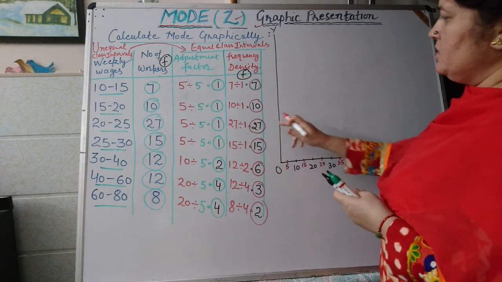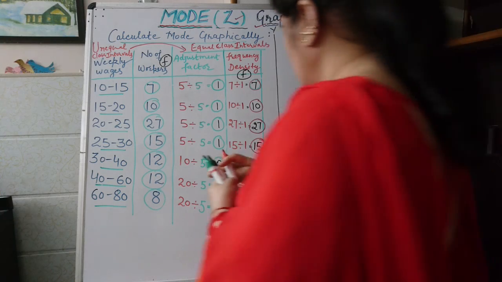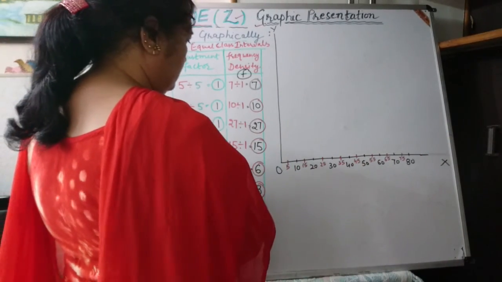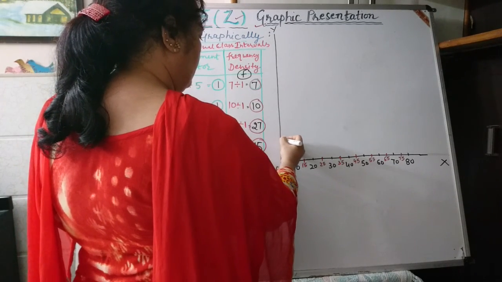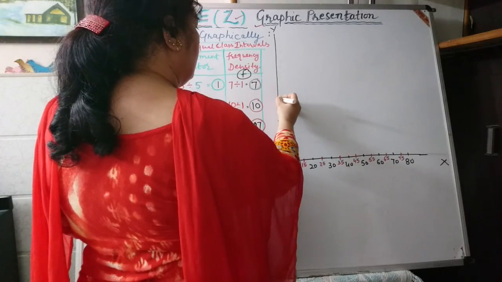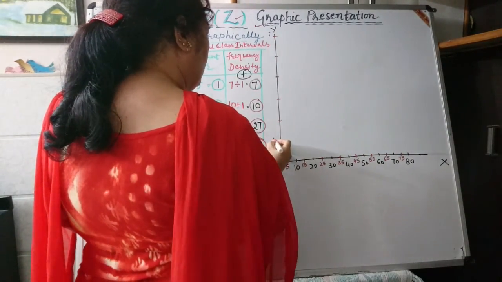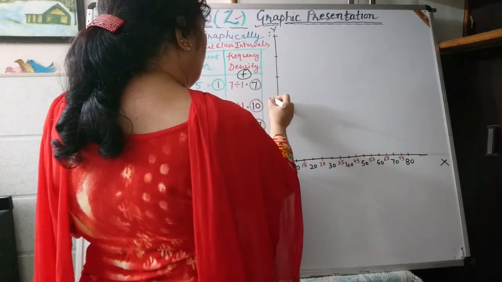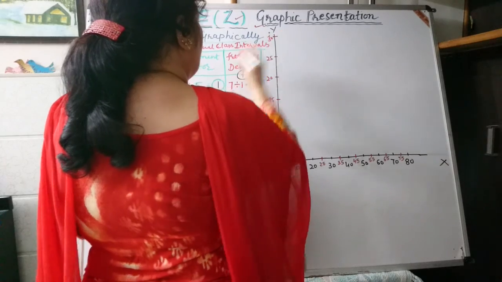And the maximum frequency is 27, so we will take a difference of 5, 10, 15, 20, 25 and the last one is 30.